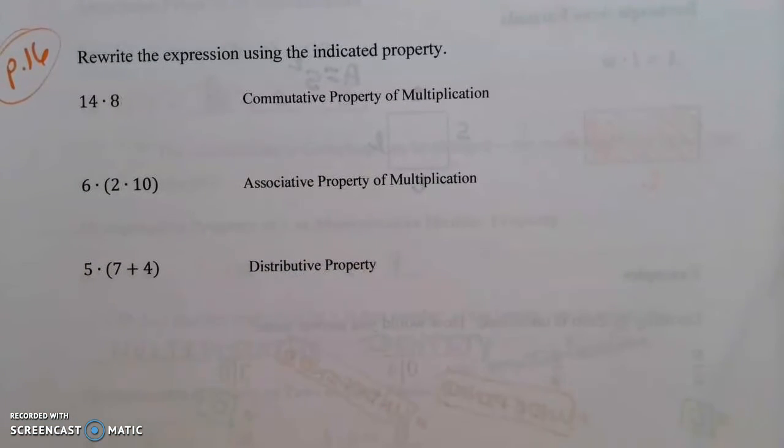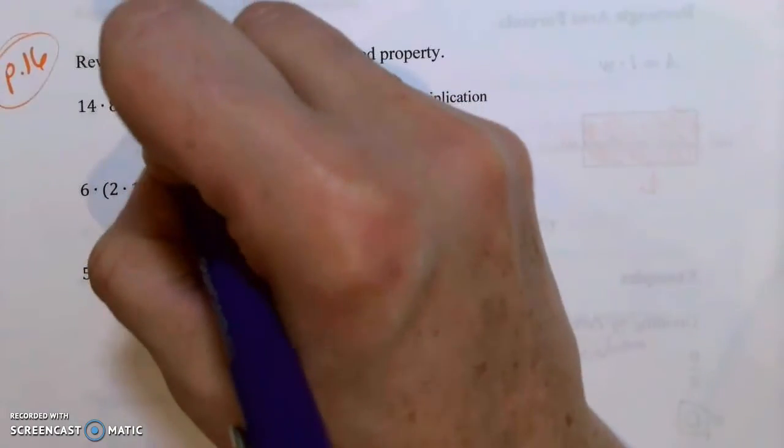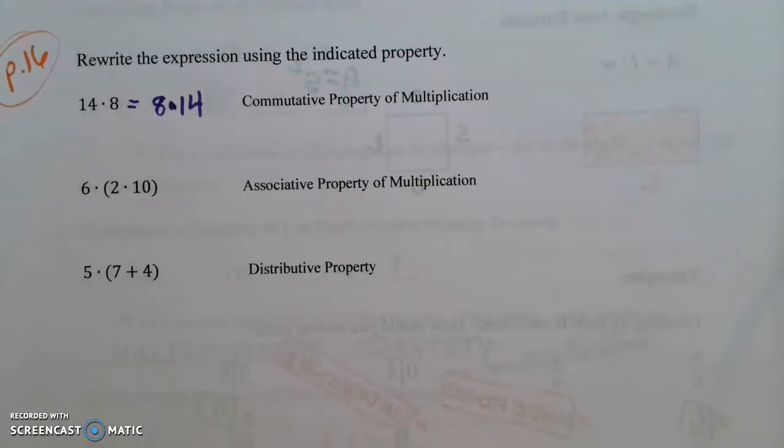So rewriting this with commutative property, that means we're going to have to switch the order. So it's going to become 8 times 14. That would be using the commutative property, the idea that we can switch the order of the numbers.